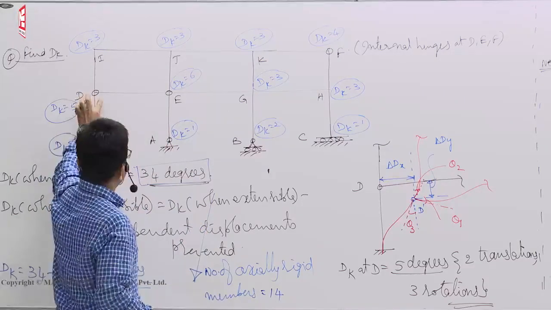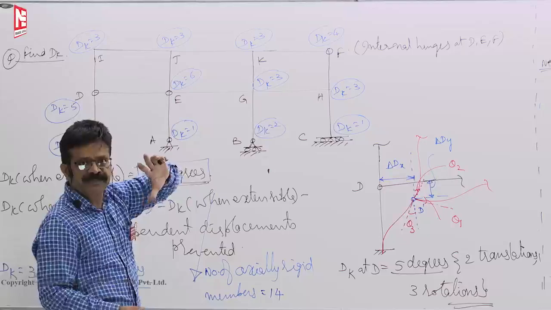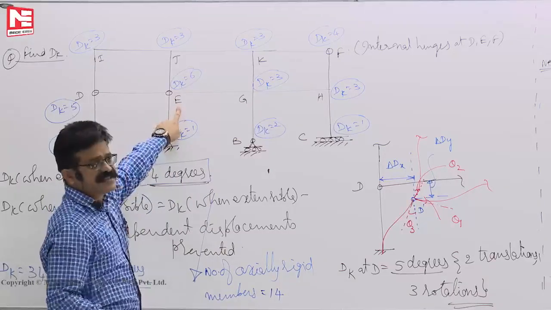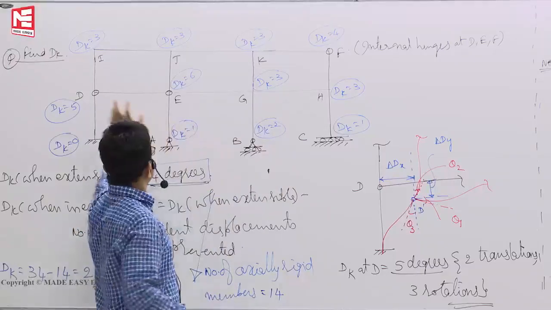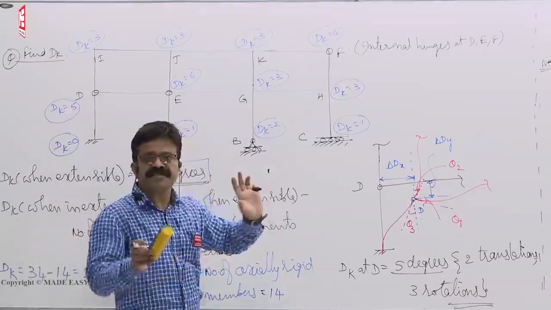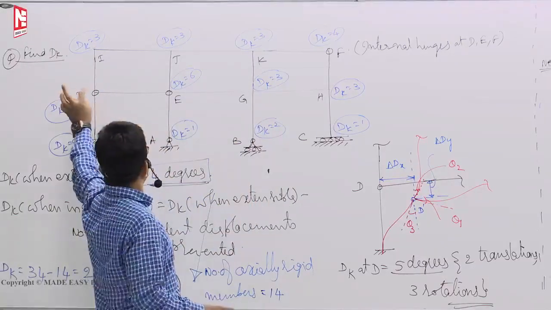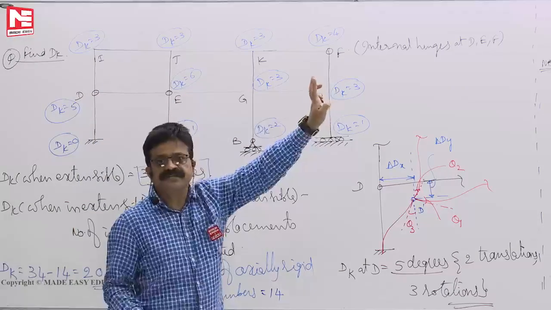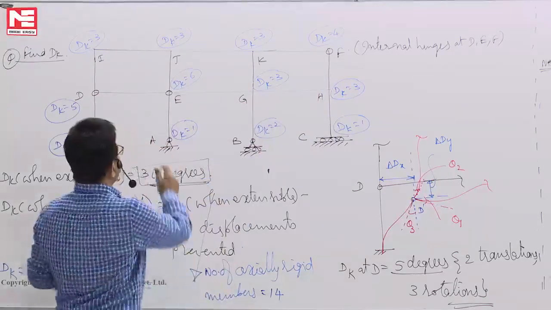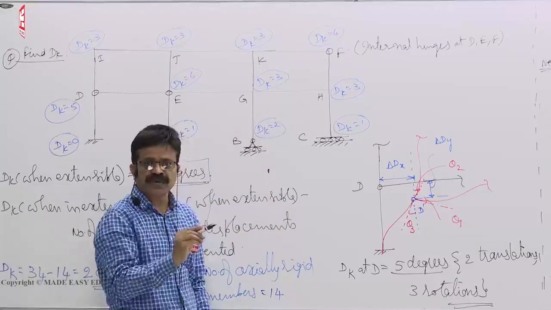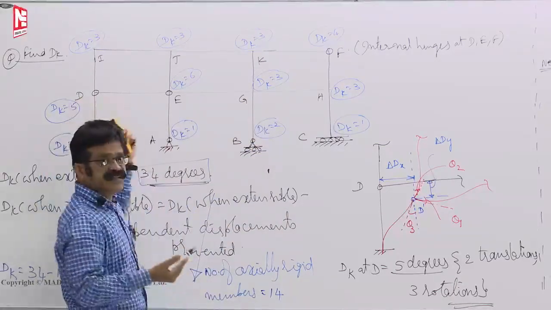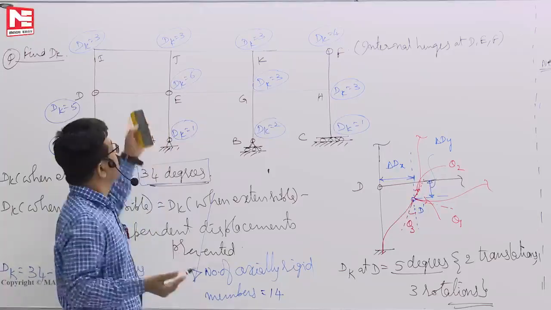That's the first order displacement. So delta dx is there, say 5 mm. Then delta ex, gx, hx, all will be 5 mm only because these member elongations are 0. So whatever sway is there, all values are same. That means delta ex, gx, hx is known to us, but delta dx we don't know how much it will sway.